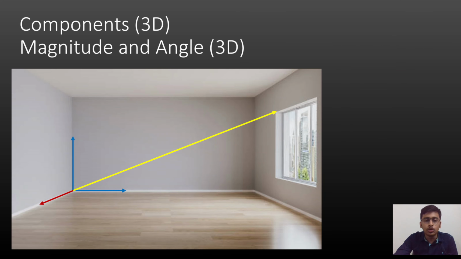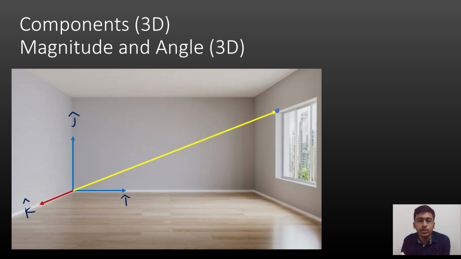Okay, so moving on, let's say that the fly flew away, and now that fly is sitting on this edge of this window, this corner of that window. So now what happened essentially is, to get to this fly, let's say this is I cap direction, let's say this is J cap direction, let's say this is K cap direction.